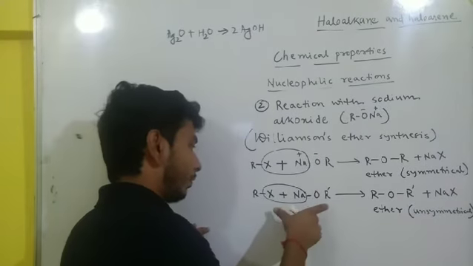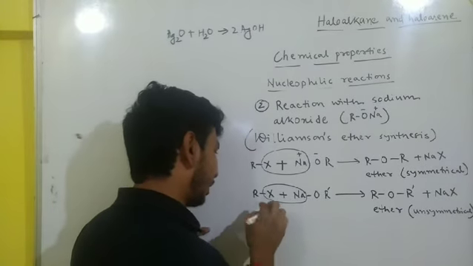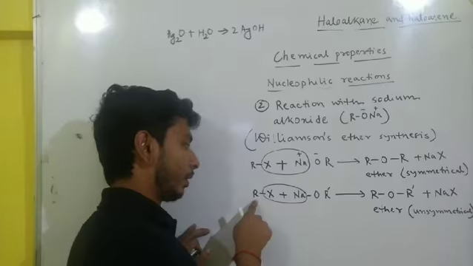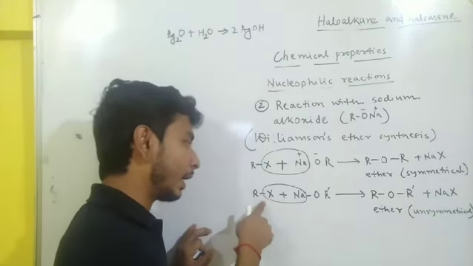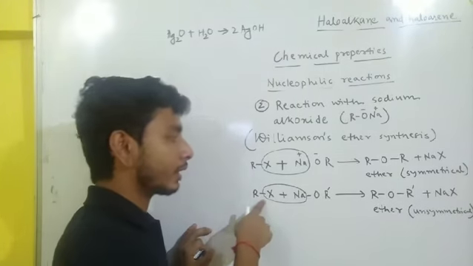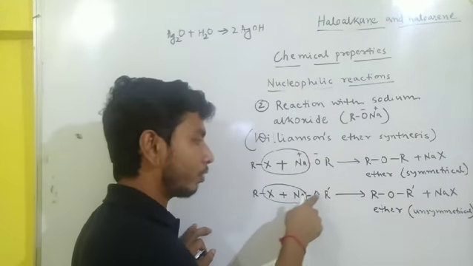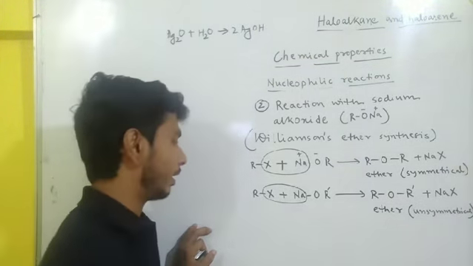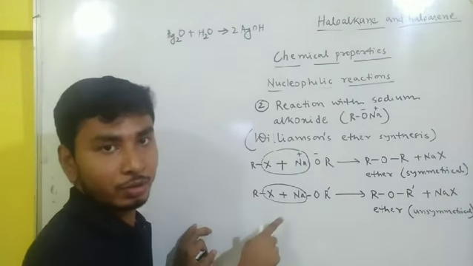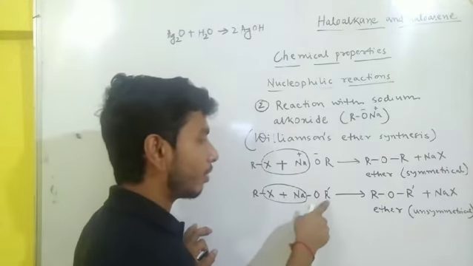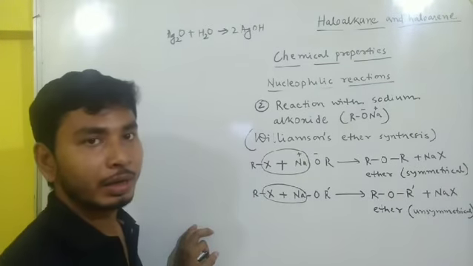Now if the two alkyl groups are dissimilar, then the alkyl group in the alkyl halide should be smaller in size than the alkyl group in sodium alkoxide.